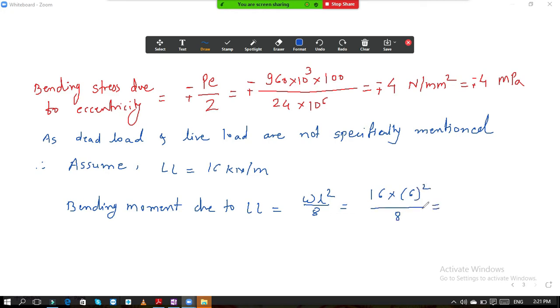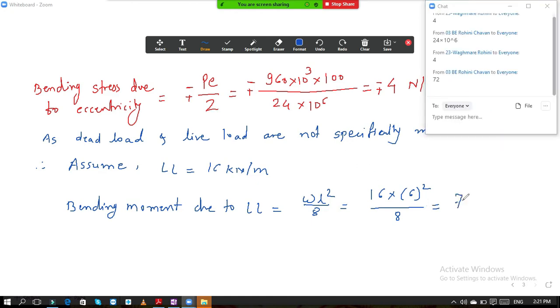Calculate this value. Let me say 72, but it is in kilonewton meter. Remember this. It is in kilonewton meter.